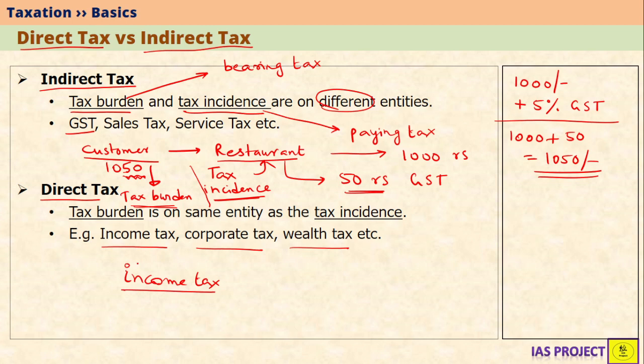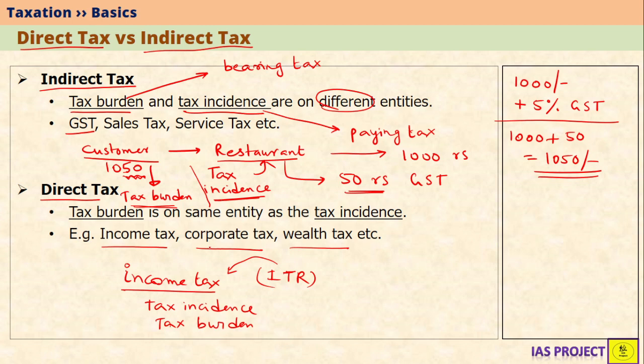At the end of the year, if you want, you can claim income tax returns by filing an ITR also. If you file that ITR and get some kind of return, it will come back into your account only. So in this case, tax incidence is on you as well as tax burden is also on you. So income tax is basically a direct tax.